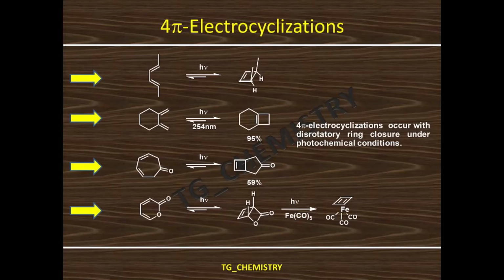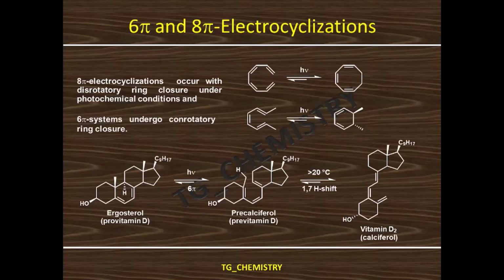In the case of pyran-2-one, upon photoirradiation, we see that it can adopt a chair-like transition after the electrocyclic ring closure of the 4 pi system, and upon decarboxylation and reaction with pentacarbonyl iron under photochemical conditions, of course, the cyclobutene ring can coordinate with the iron carbonyl compounds and form organometallic compounds.